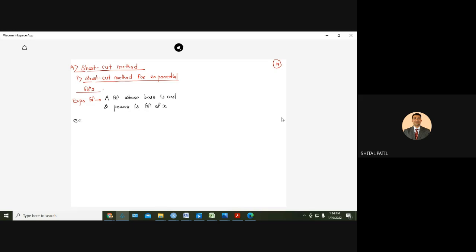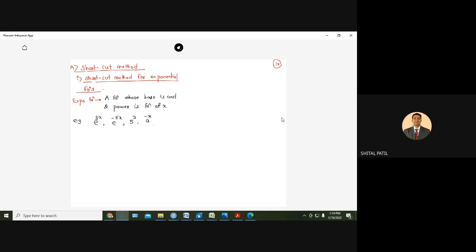For example, e raised to 3x is an exponential function, e raised to minus 5x, 5 raised to x, a raised to minus x. All these are exponential functions.